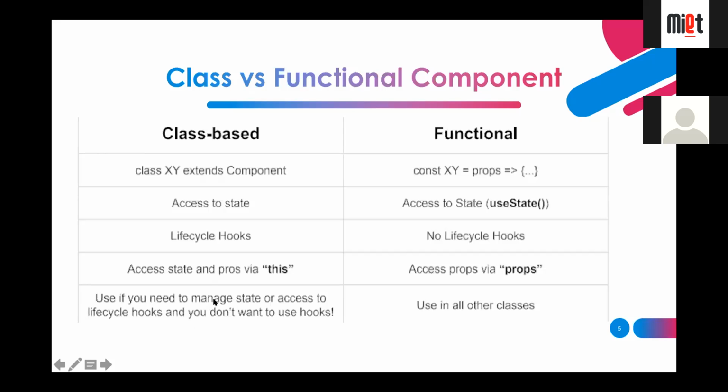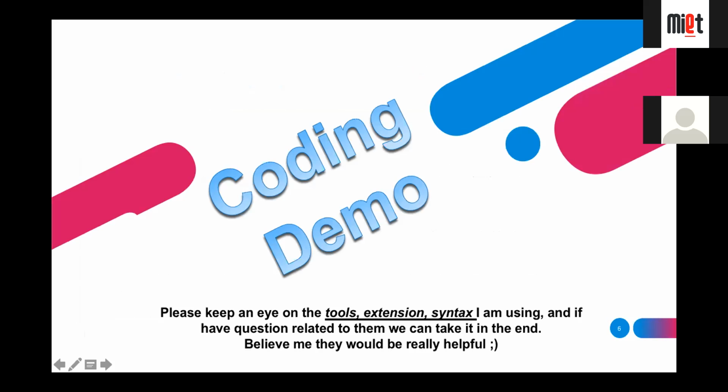Use a class if you need to manage the state or access life cycle methods and you don't want to use hooks. We will talk about what state and props are in the code, and I will explain. And for simple usage of state, you could go for functional components.